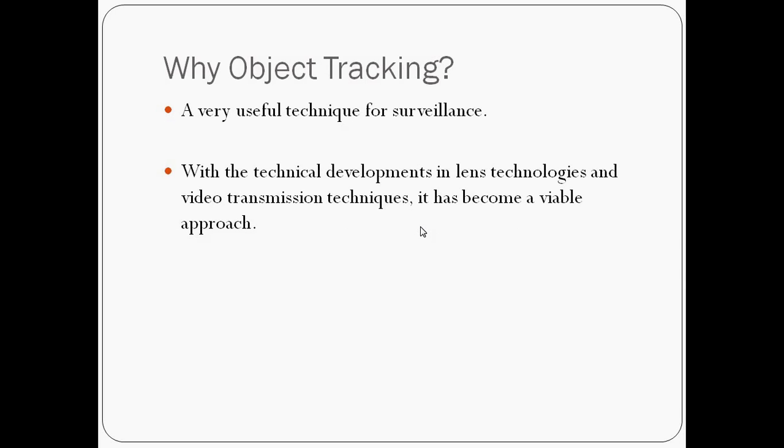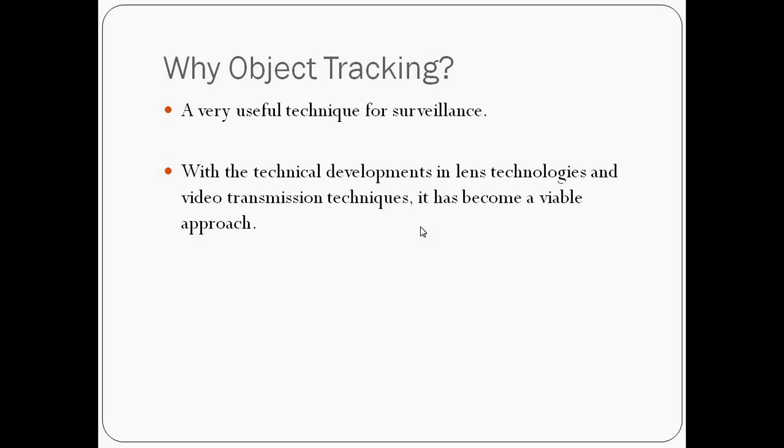So why do we do object tracking? Surveillance. It's a very useful technique for surveillance, because you can have a real-time track of the object, and its growth has been facilitated by technical developments in lens technologies and video transmission and storage techniques.